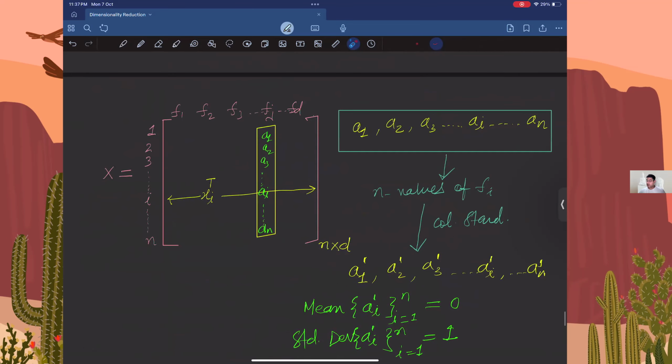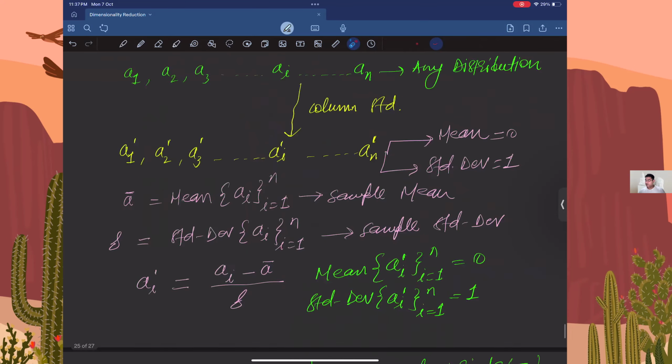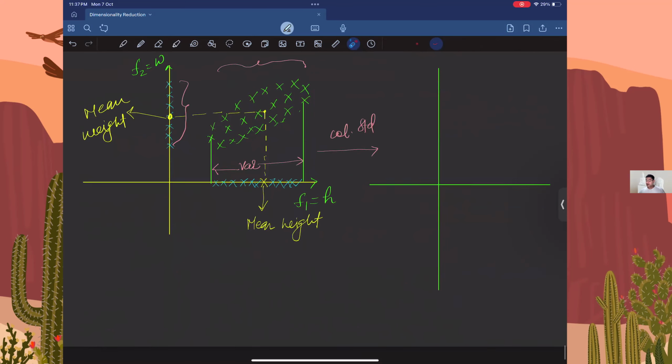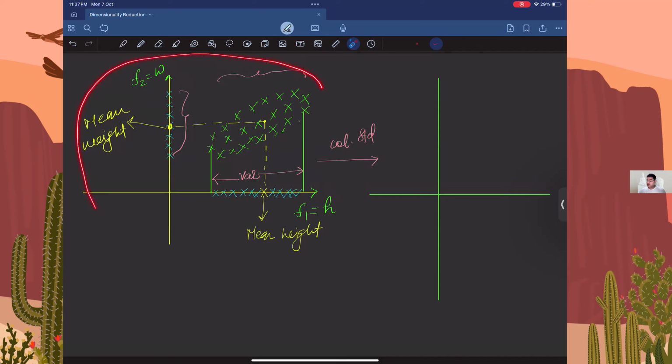This is, let's suppose, the original before column standardization. This is my geometrical representation.